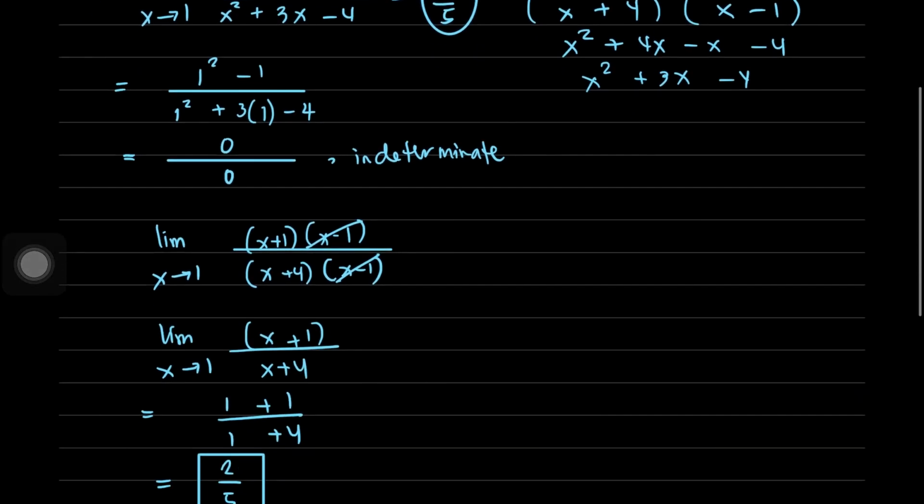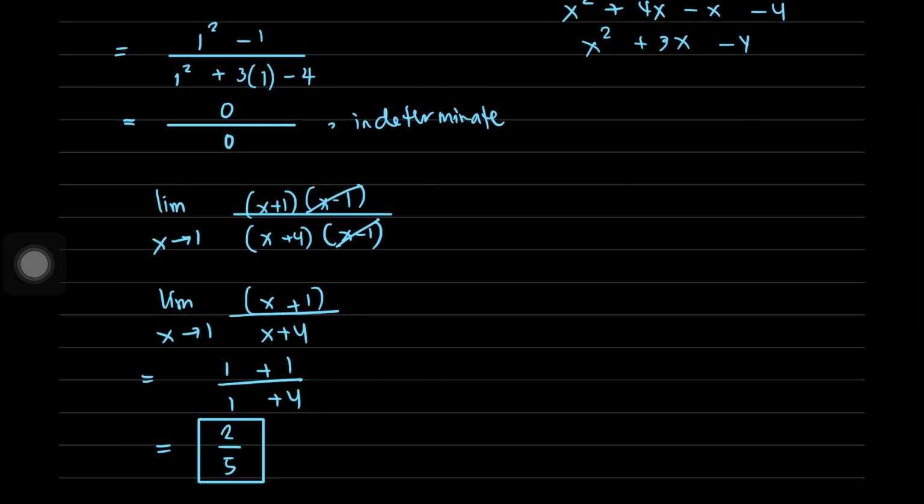So, in manipulating algebraic functions or even trigonometric functions, you have to be very careful with the cancellations, because there are common errors that students tend to make when they're canceling out. You do not cancel common terms, you cancel common factors.